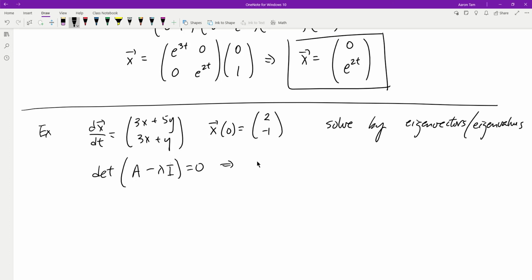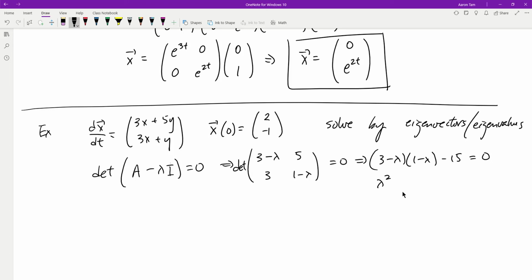My matrix is actually 3 minus lambda, 5, 3, 1 minus lambda. The determinant equal to 0. So that turns into 3 minus lambda times 1 minus lambda, minus 15 equal to 0. Let's hope this comes out to be some nice number.